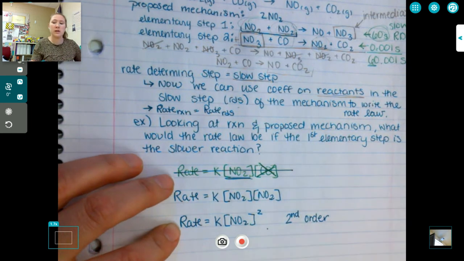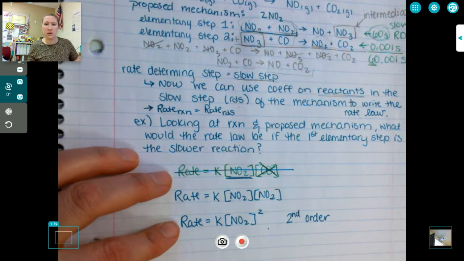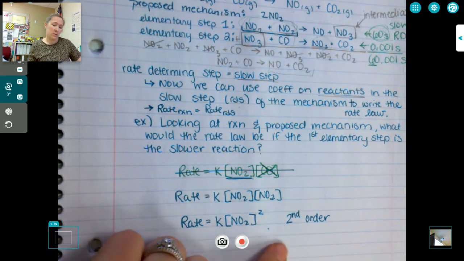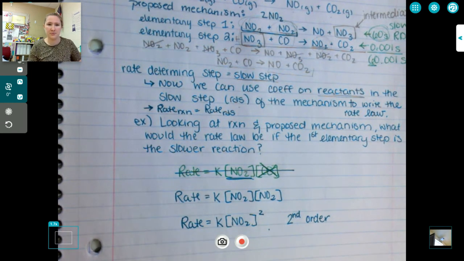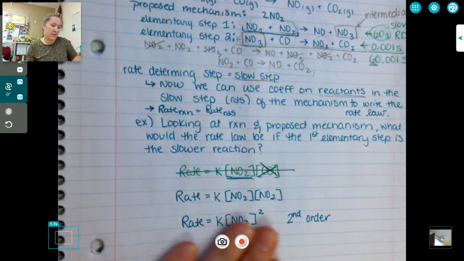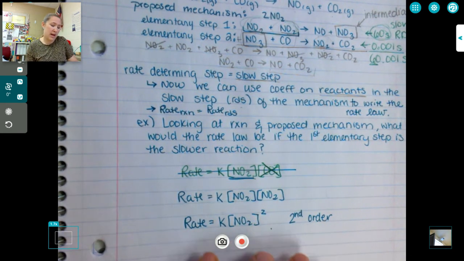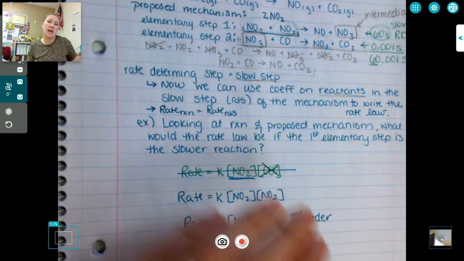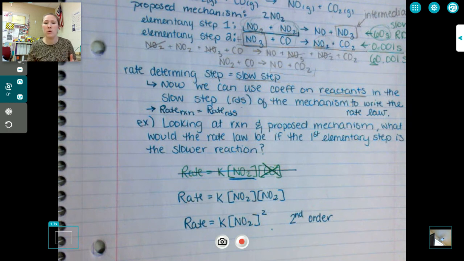And then from here, I could look at, well, what's my second order integrated rate law? I could get time data, figure out reactions, right? We can do all of that once we know the order of our reaction. So think of these like a puzzle. The other thing that you could get, and that you will get, is, if I know my order, okay, so if I say it's second order in reaction A, first order in reaction B, which of these mechanisms could be viable, right?